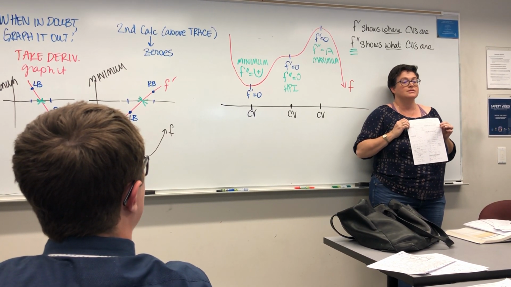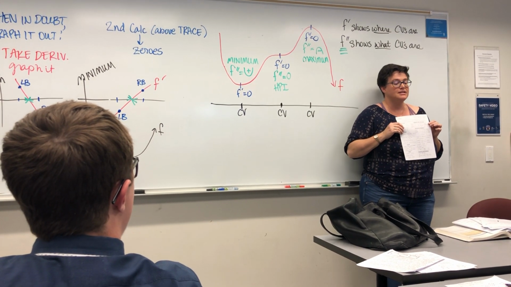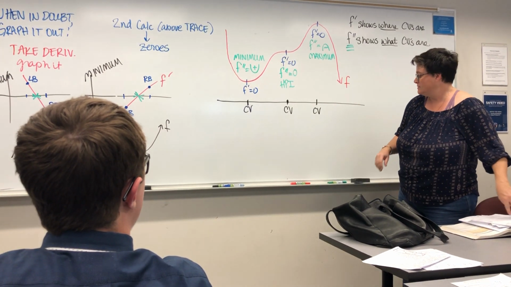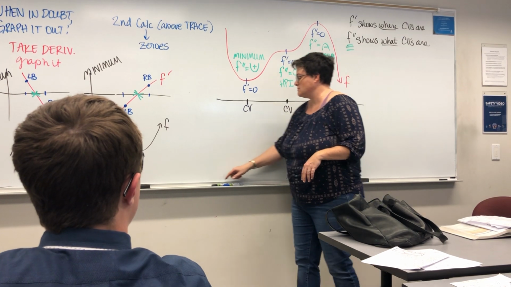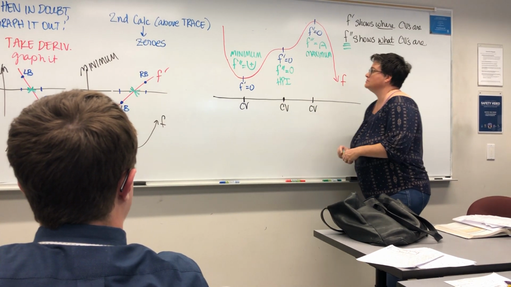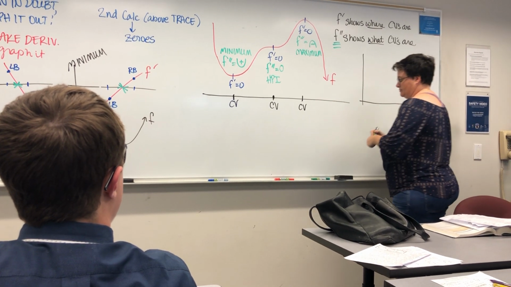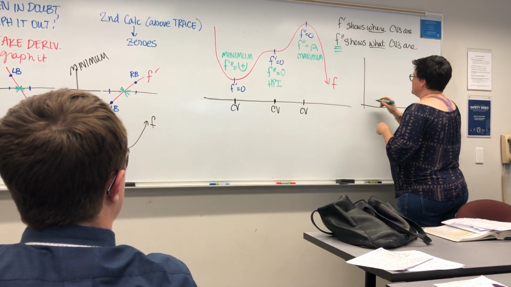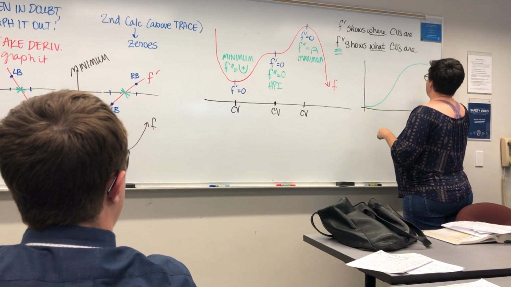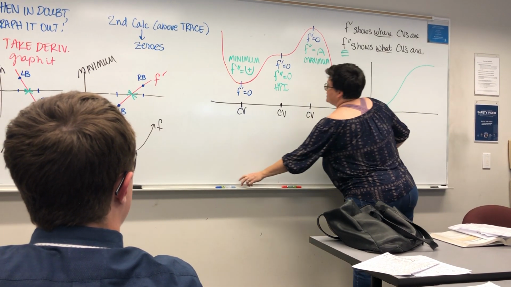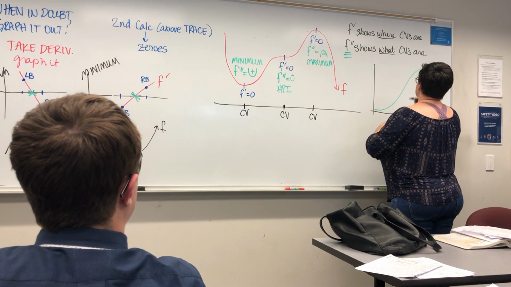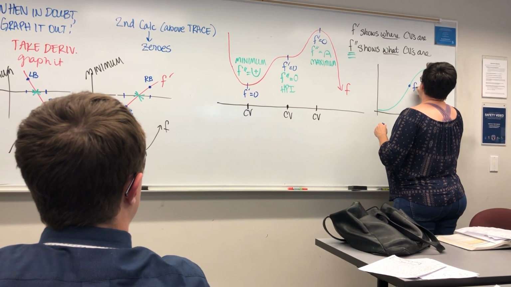Notice I didn't say horizontal point of inflection, and I did that deliberately. Not all points of inflection have a 0 slope. This last one right here has a second derivative that's 0 right about here.